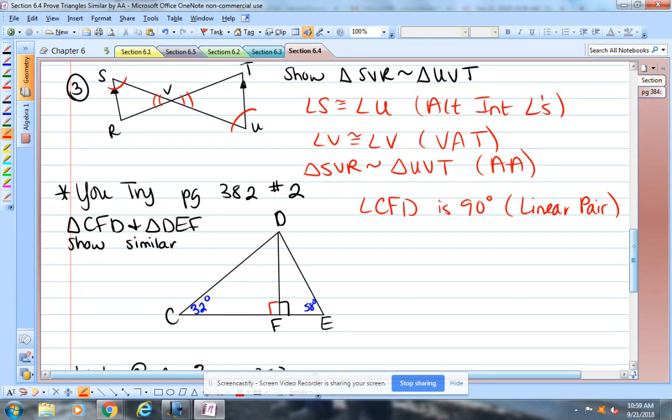Does that make sense? But I can find, if I know this is 90 and this is 32, what does this measure? How do you find that? Right, you have 32 plus 90 subtract from 180. So this one's measure is what? 58 degrees, isn't it? Y'all are not talking to me. 58 degrees.